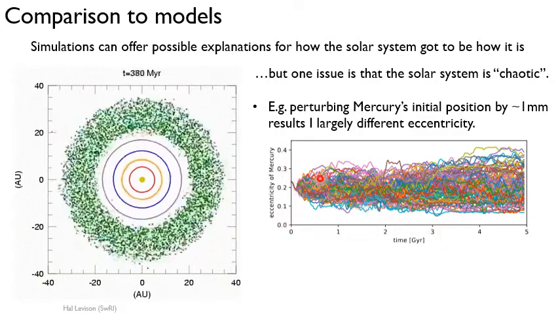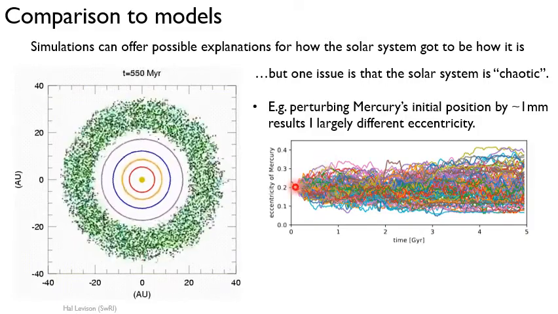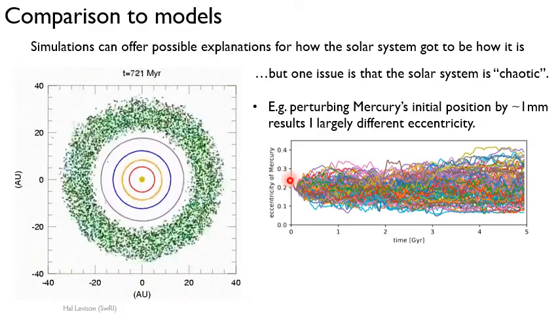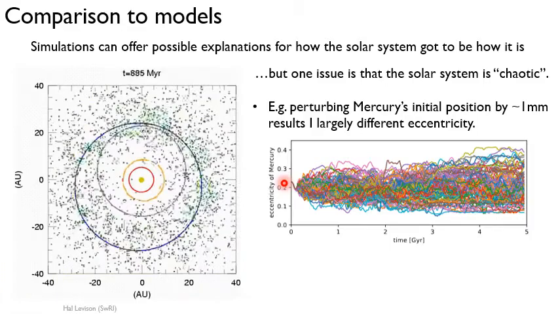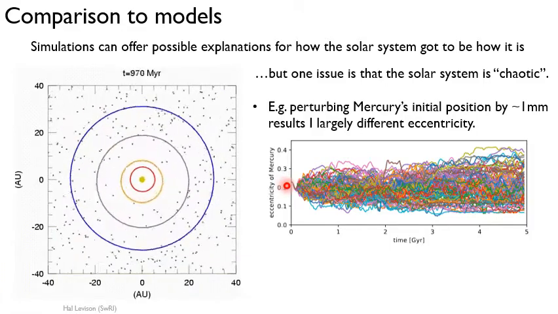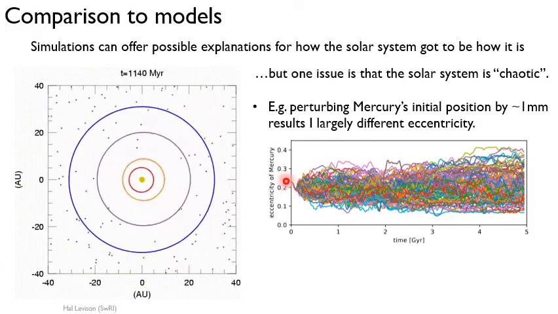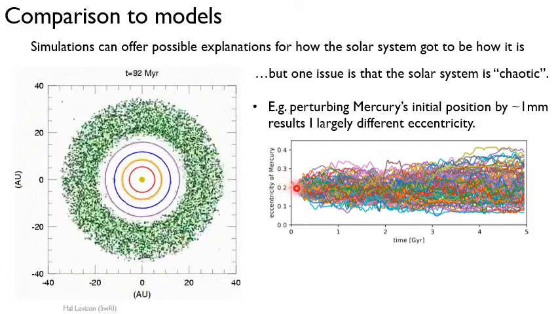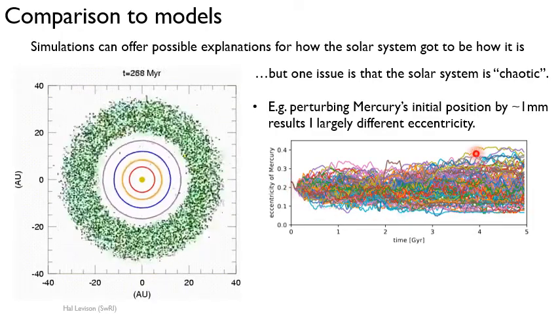The difference between all these colored lines in this particular model of the solar system is that the initial position of Mercury has been moved by a tiny amount. And when I say tiny, in this case we're talking about a millimeter or fractions of a millimeter, which is ridiculous, right? That's a very small distance for something on a planetary scale. So I move it a millimeter, and then within 100 million years or so, you have a very different eccentricity that you predict for Mercury.